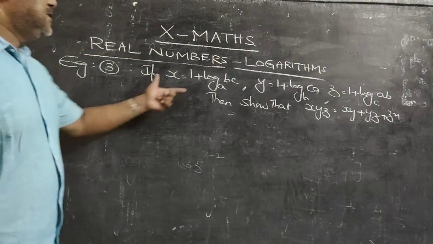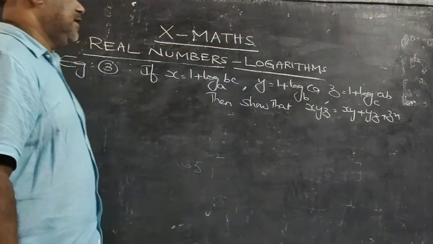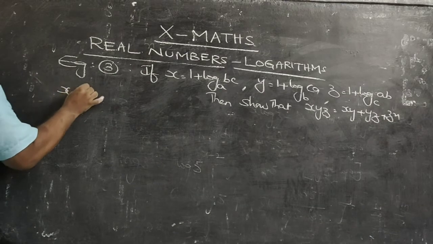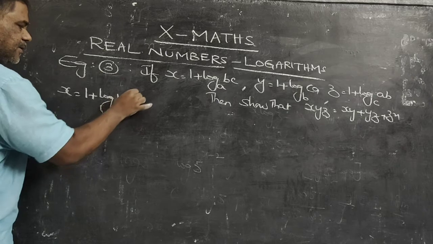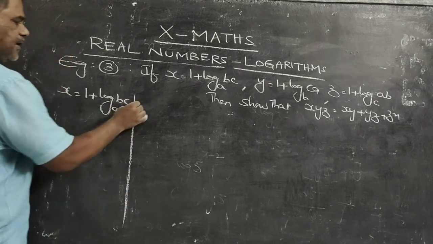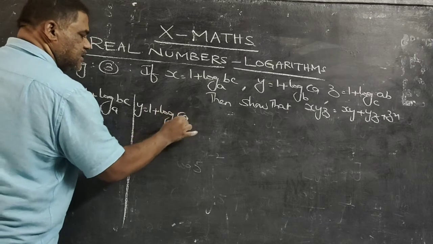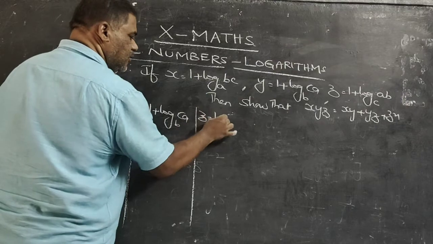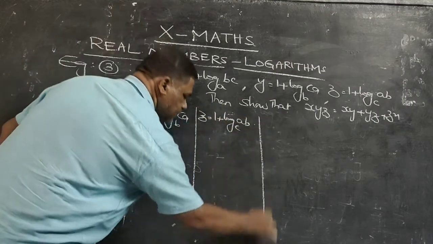Here three conditions are given, x is equal to given, y is equal to given, z is equal to given. Let us take all the three conditions. First one is x is equal to 1 plus log bc base a. Next, y is equal to 1 plus log ca base b, z is equal to 1 plus log ab base c.